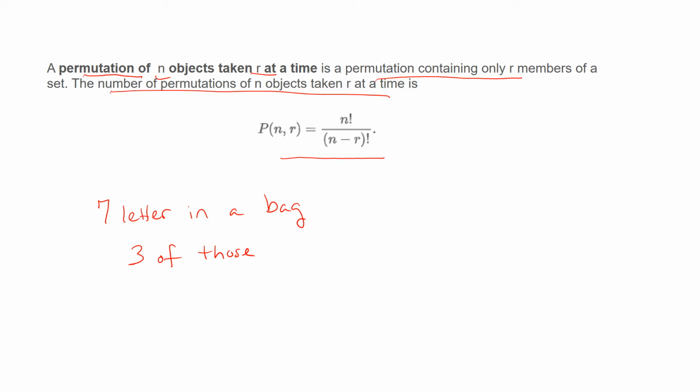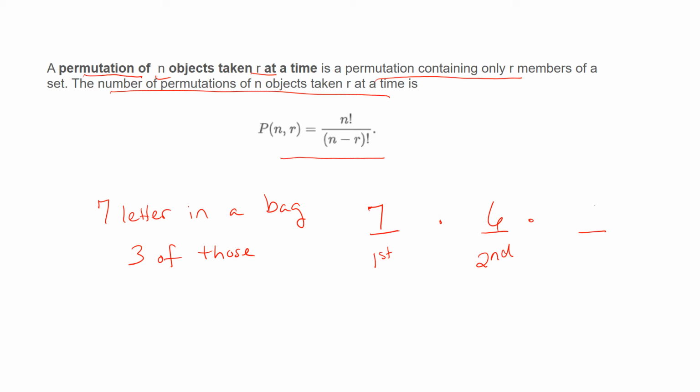Okay, now if I looked at the way I would do this with the fundamental counting principle, I would say, well, my first draw, I'm going to have 7 different choices I could choose from. There's 7 letters in the bag. Now once I take that out, then I have 6 left to draw for the second letter.